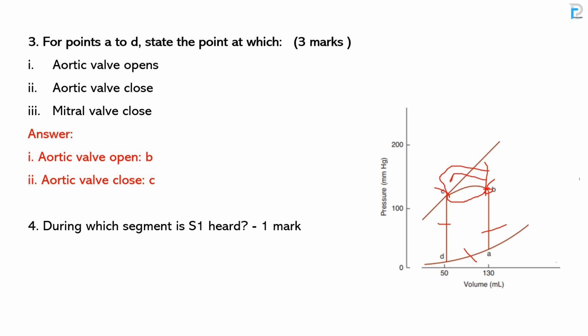Coming to our mitral valve. The mitral valve is the valve between the atrium and ventricle on the left side. It opens when we have diastole, when we have filling. Once the filling ends, this valve will close. Let's look at the graph. Where is filling?